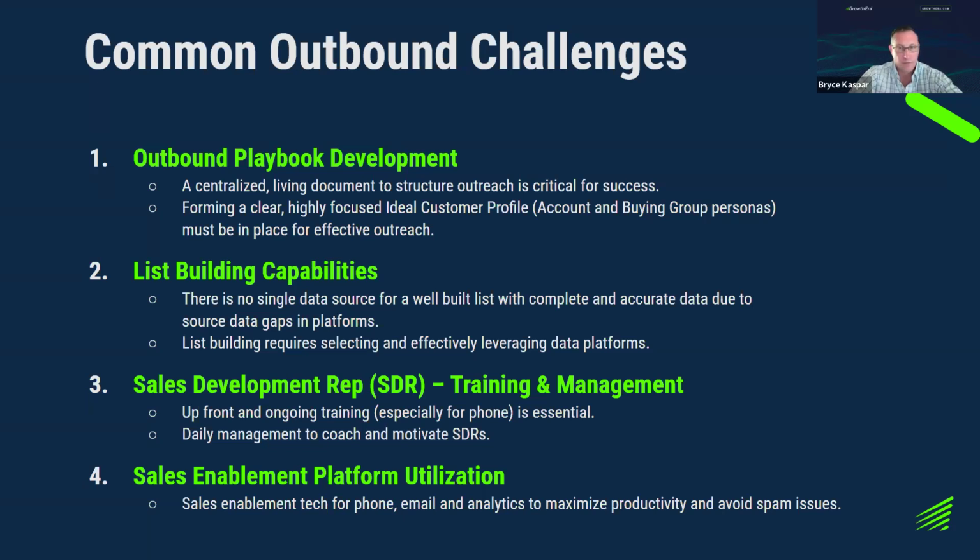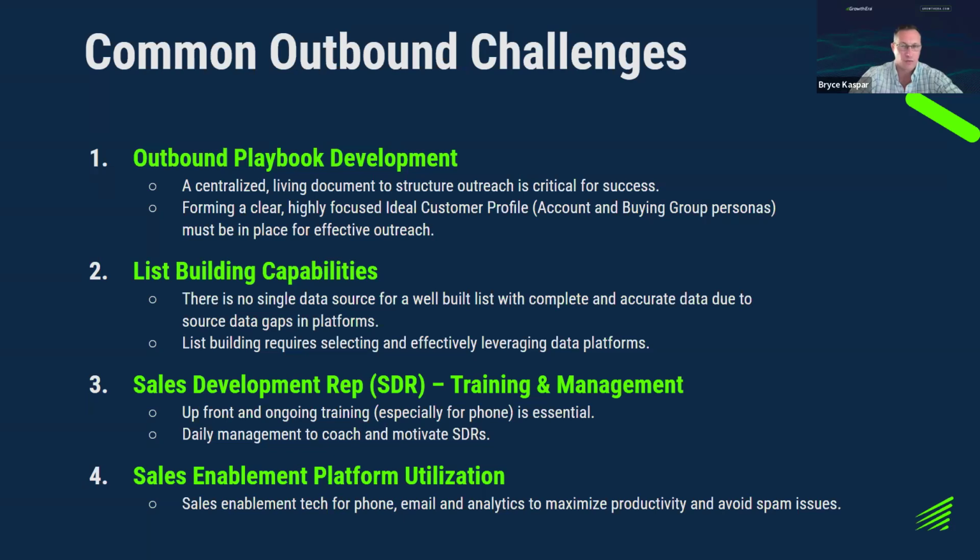The sales development rep training is something that you want to have well organized. It's typically a challenge because what we see is a lot of times people hire a sales development rep. They give them some guidance. They say, you're going to make this many activities a day. But those folks need feedback. They need coaching. You need to be listening to their calls. You need to be doing that at a regular cadence.